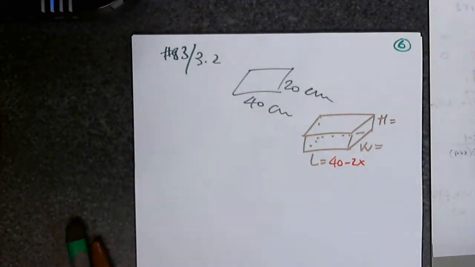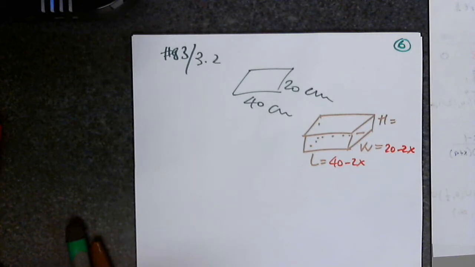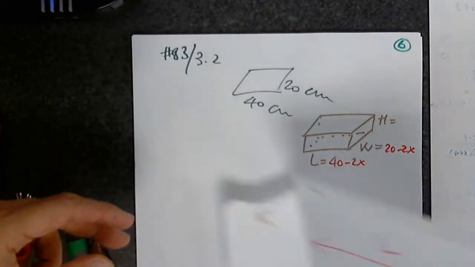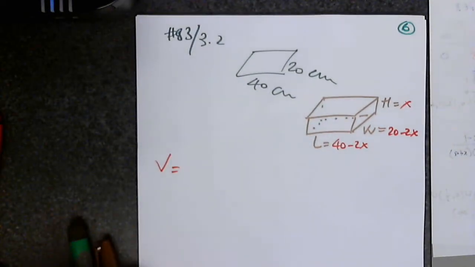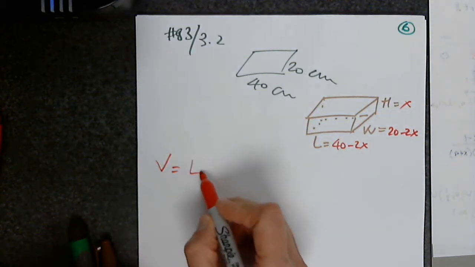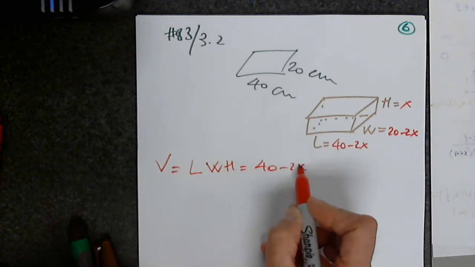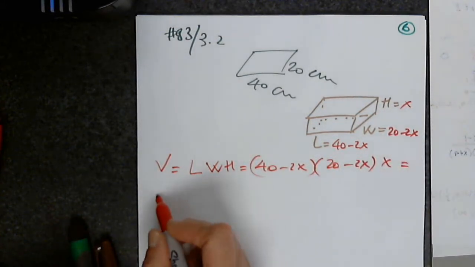So what is the width? 20 minus 2x. What is the height? Exactly, x. So what will be the volume? What is the formula for the volume of this box? 40 minus 2x, 20 minus 2x, and multiply by x.